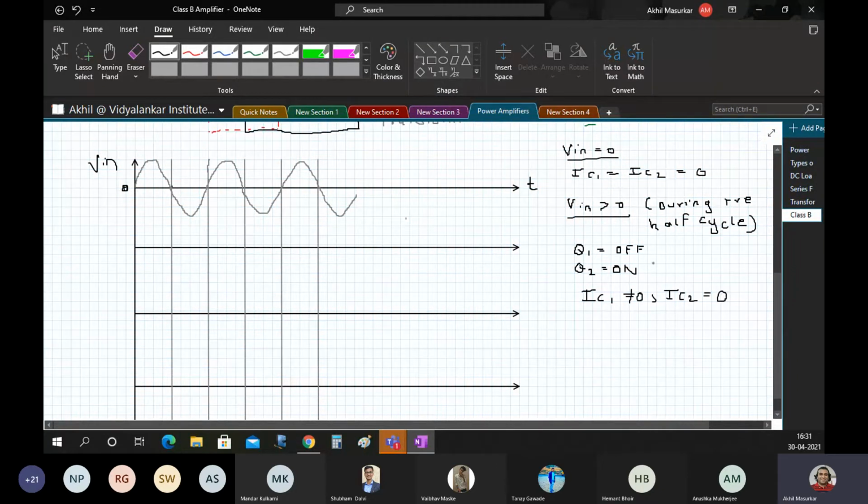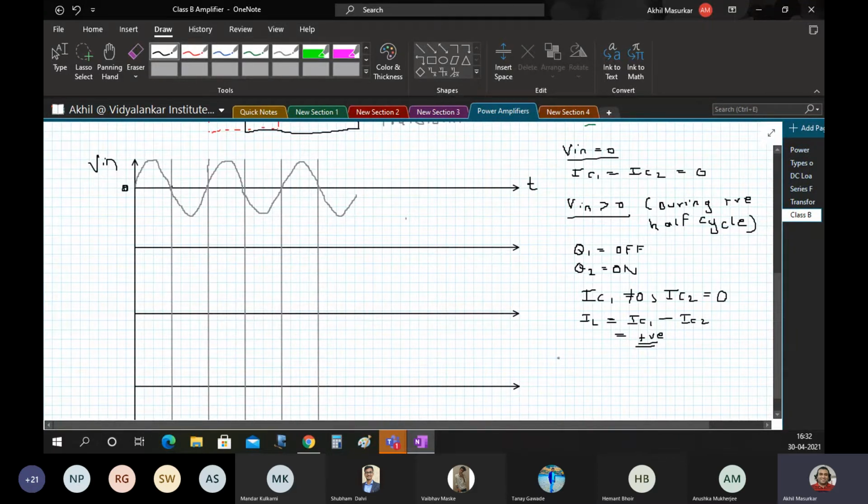So IC1 flows and because of this, the net load current will be IC1 minus IC2. So let us say that this will be some positive value.